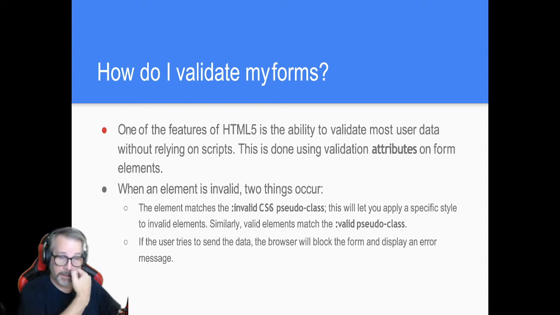So when we make an email field that they have to put in, or a text area or whatever it is, you can give it in the CSS invalid and valid pseudo classes. So it would be like input:invalid, and then you put in some CSS. So if it's invalid, the background color is red or something like that. Or if it's valid, it's green, because green means go, right?